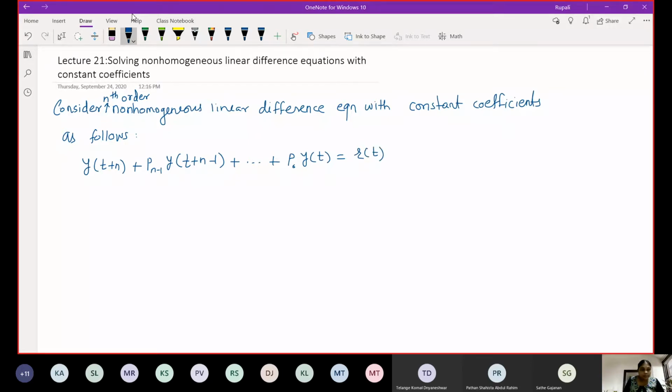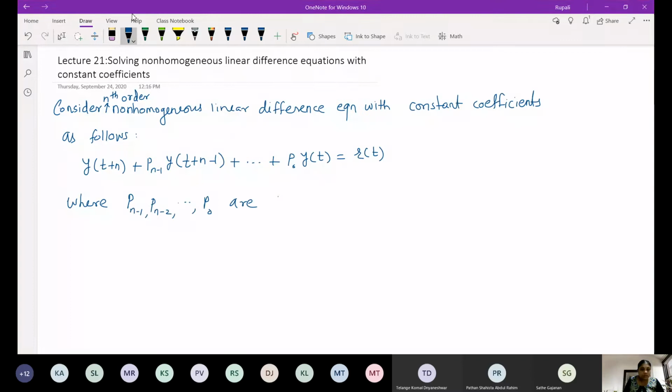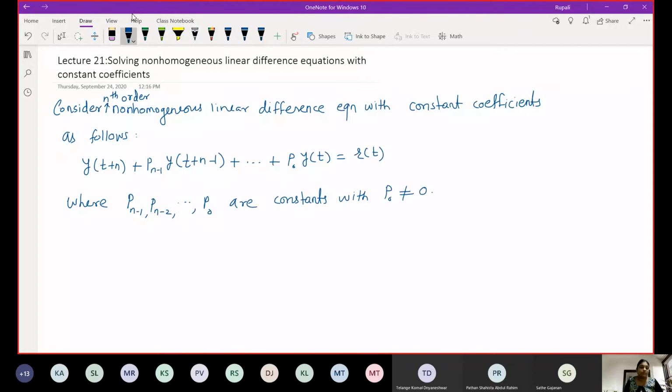So where p n minus 1, p n minus 2, up to p0 are constants with p0 non-zero and r of t is any given function of t.